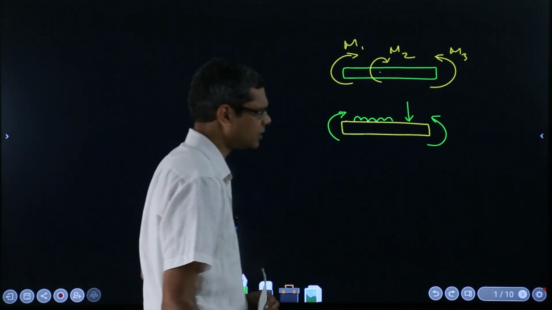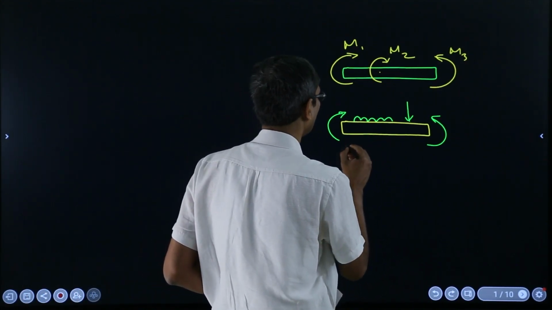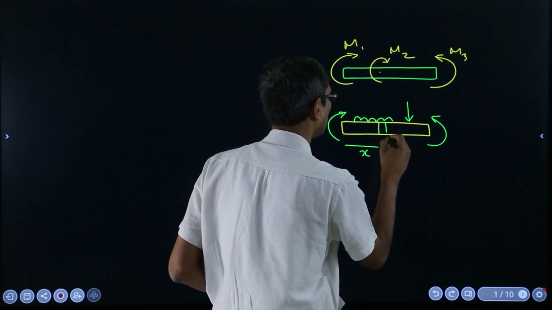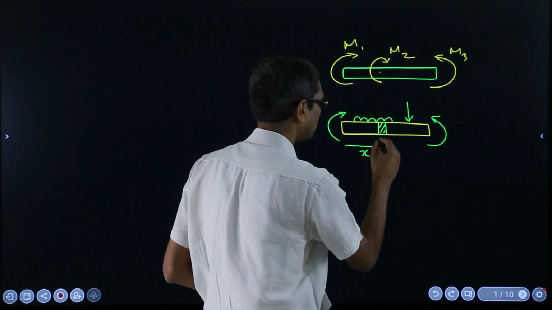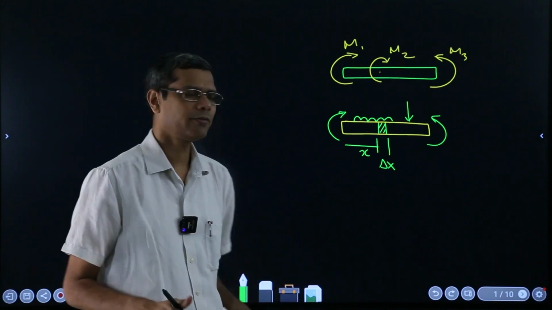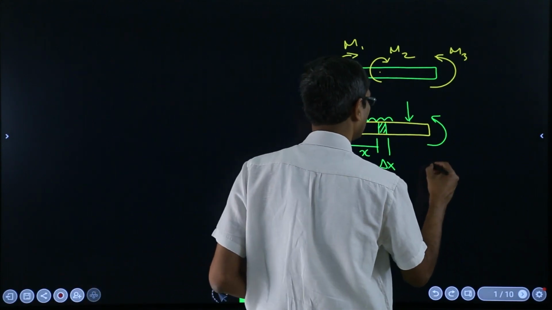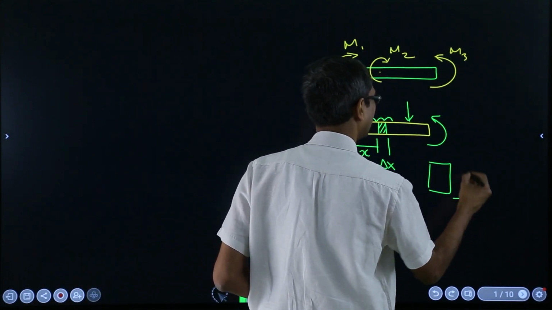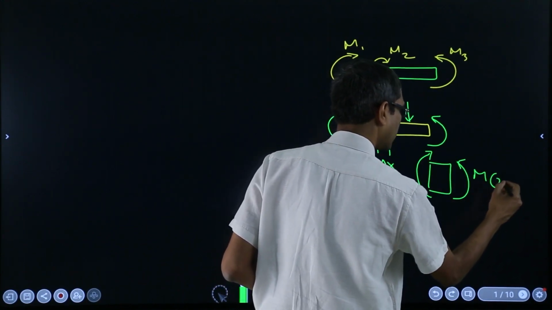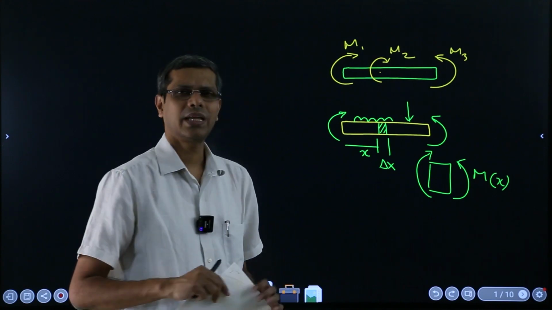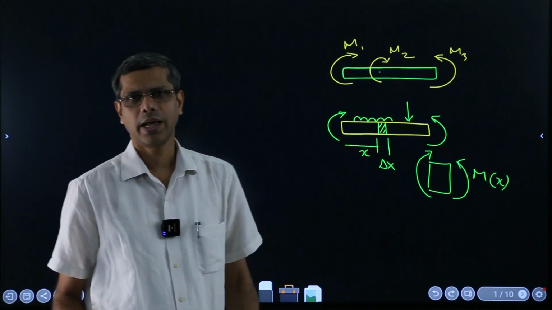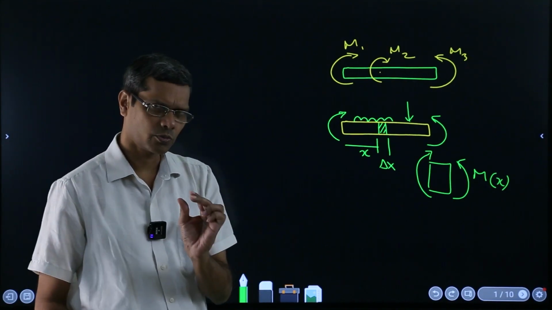And then, as I was just mentioning, at a distance x, if I pick a small segment of delta x, and think that this particular segment is under the action of the moment at that location x, then I can talk about what the radius of curvature will be at that location, and all that in a small zone.